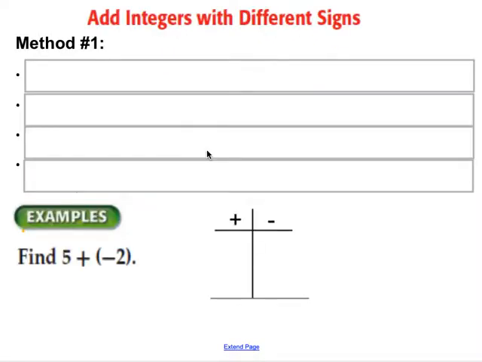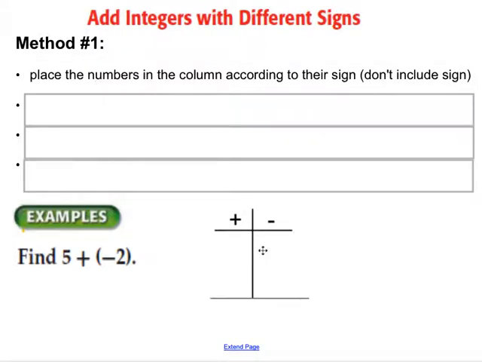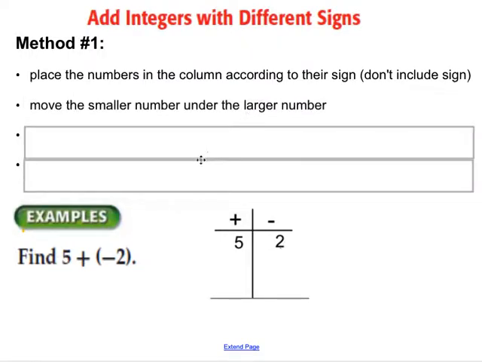When we have integers with different signs, again, we start by putting the numbers in the column according to their signs. This time we have two numbers that have different signs. We have a +5. When there's no sign at all to the left of 5, it's assumed to be positive. 2 has a negative sign, so they're going to be in different columns this time. And the rule for adding integers with different signs is we move the smaller number under the bigger number.